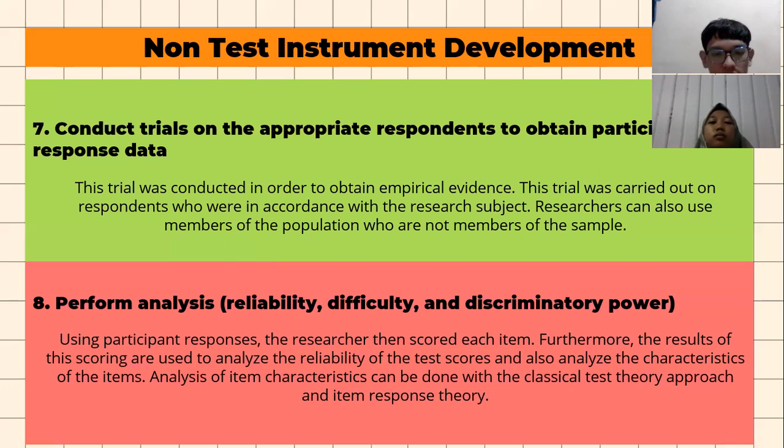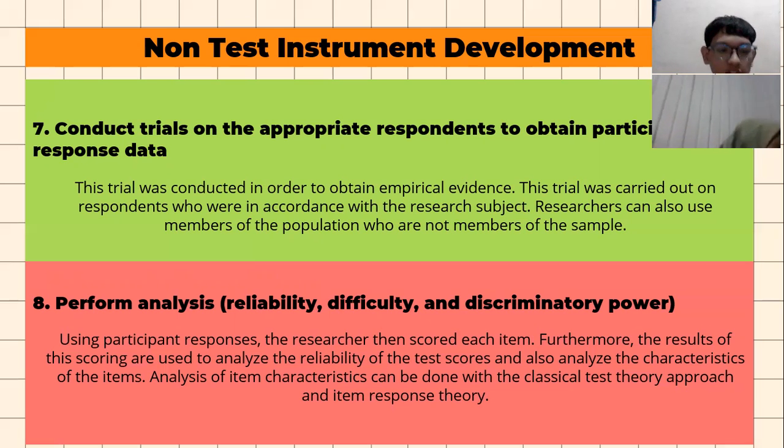This trial was conducted in order to obtain empirical evidence. This trial was carried out on the respondents who were in accordance with the research subject. Researchers can also use members of the population who are not members of the sample.